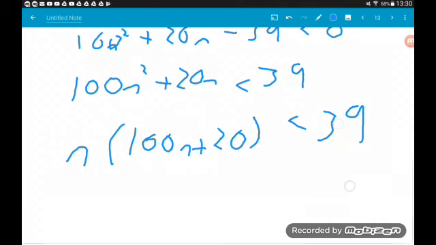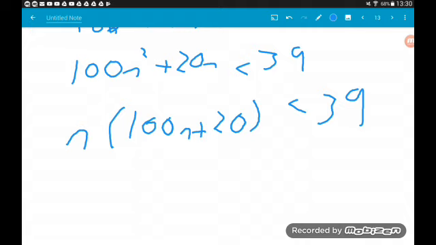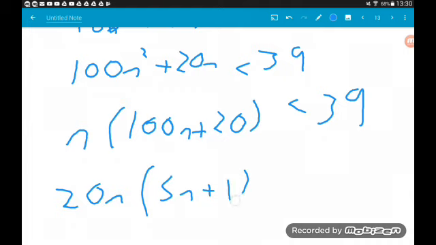We still have another common factor inside of the brackets of 20. So we can write this as 20n lots of 5n plus 1. That's good. We also wanted a 5n plus 1 inside of a bracket. So that is less than 39.